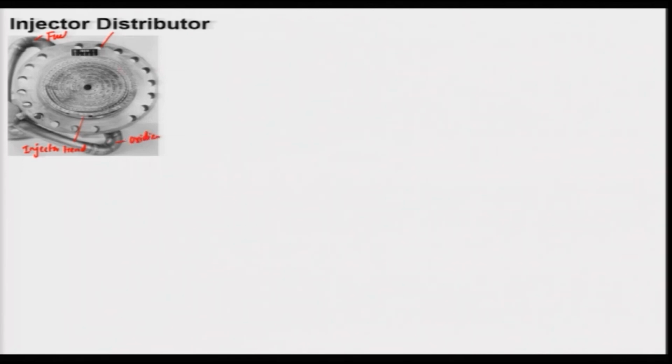Keep in mind that these are all injectors, and these are injector distributions. If I consider this an injector, these are small orifices that are being arranged, and this arrangement is a very important aspect.